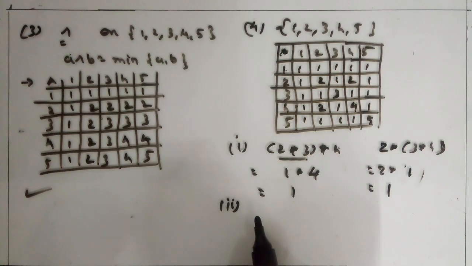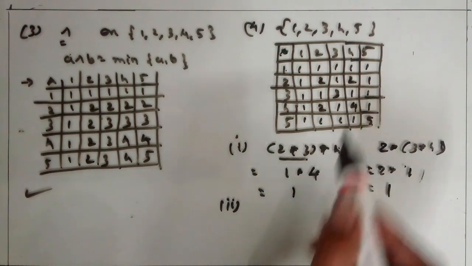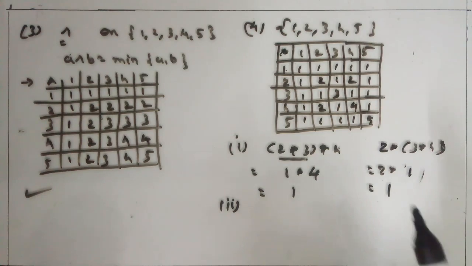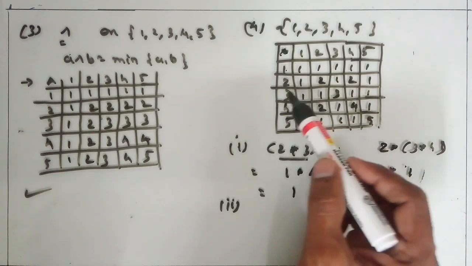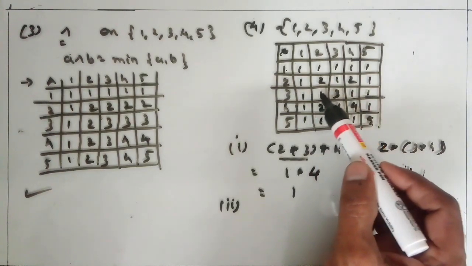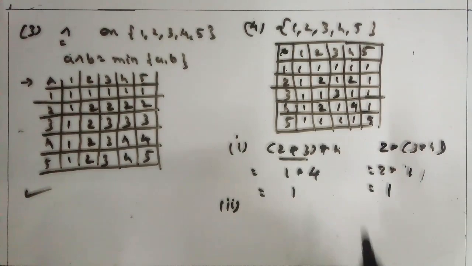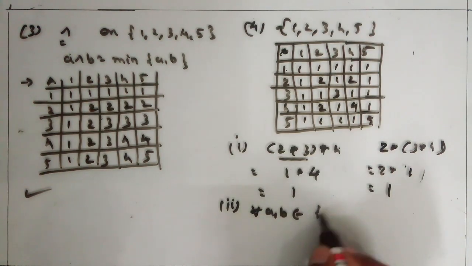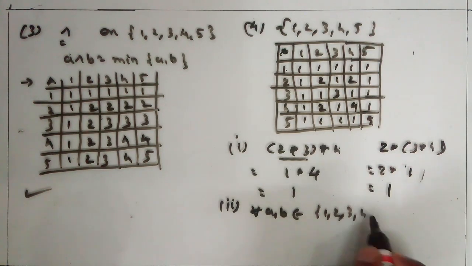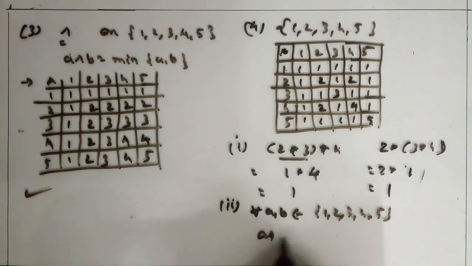Now number 2, is the star commutative? What do you say about this from this table? Is it commutative or not? Here 2 star 3 is equal to 1 and 3 star 2 is equal to 1. Both are the same. So from this table, for any values of A and B belonging to the given set 1, 2, 3, 4, 5, taking any value of A and B, we get A star B equal to B star A. Clear from this table.